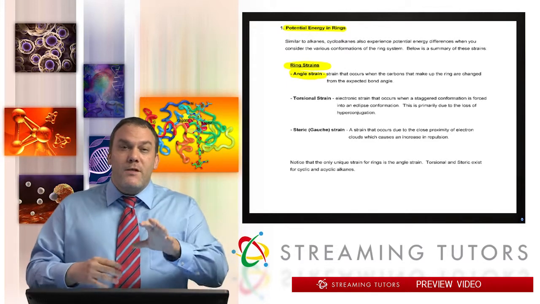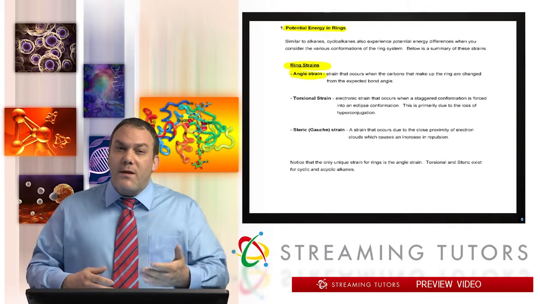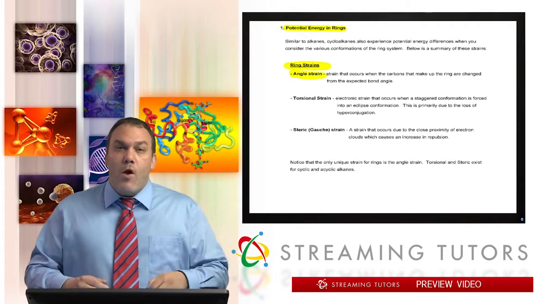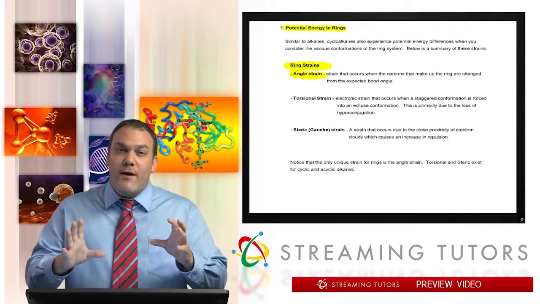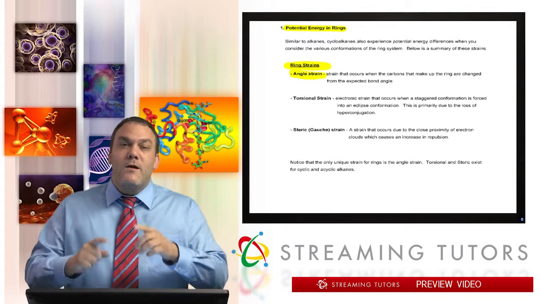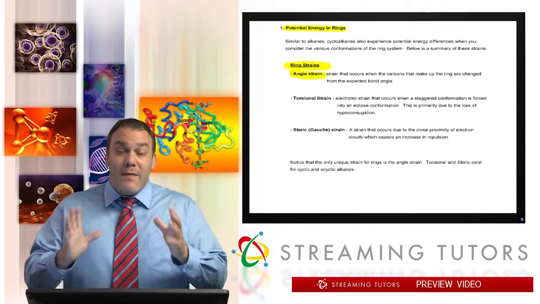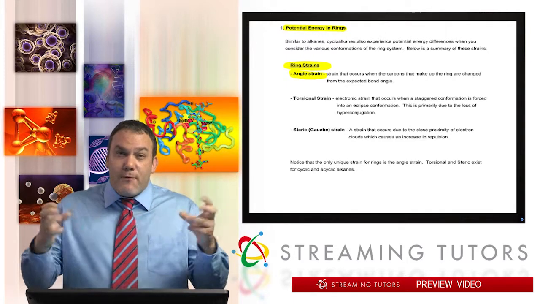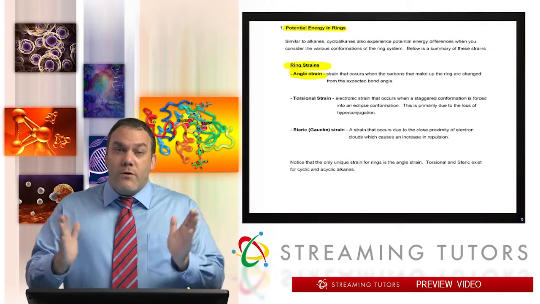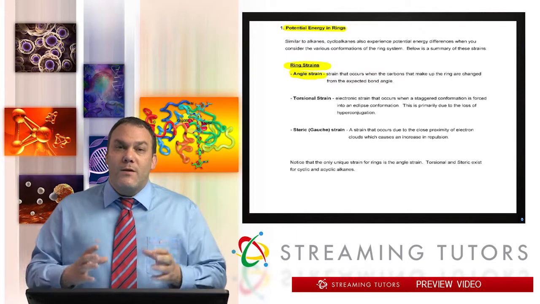Remember, we figured out 109.5 for sp3 carbon by thinking about valence shell electron pair repulsion theory. What is the best place for electrons when you have 4 pairs to deal with, in the case of carbon with 4 single bonds? We came up with these numbers, and that is the best separation of these electrons. If you expand or reduce that angle, then you're bringing the electrons closer than they want to be.